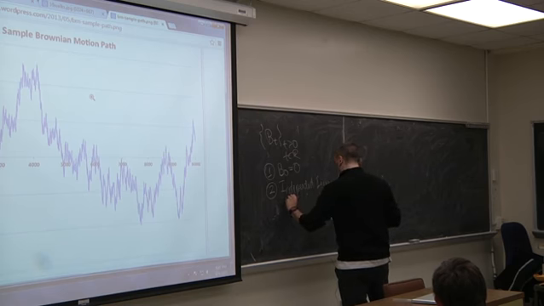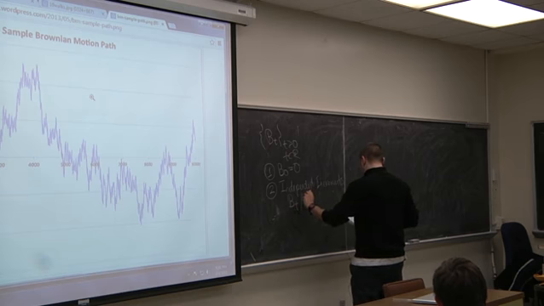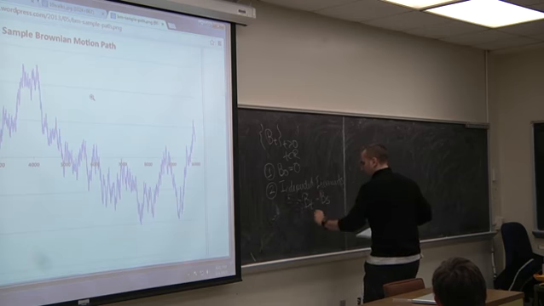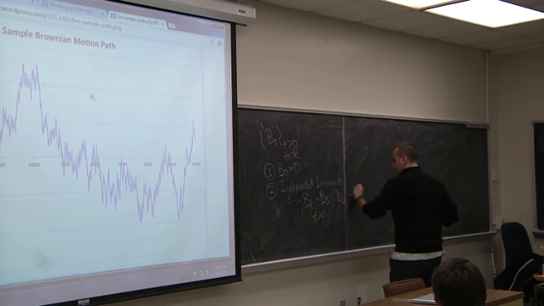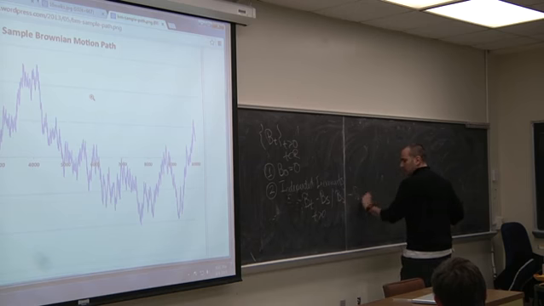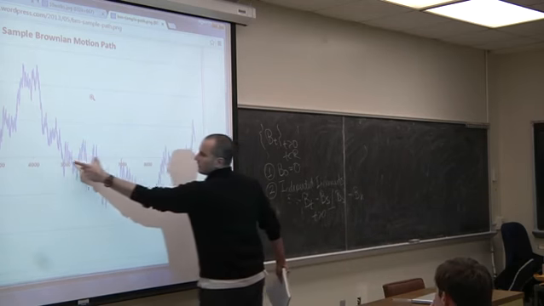That basically means that the increment Bt minus Bs, with t bigger than s, and the increment Bs minus Bq, with s bigger than q, are two increments taken over different intervals.